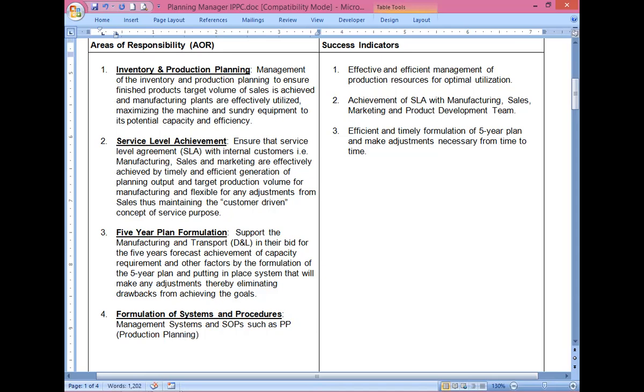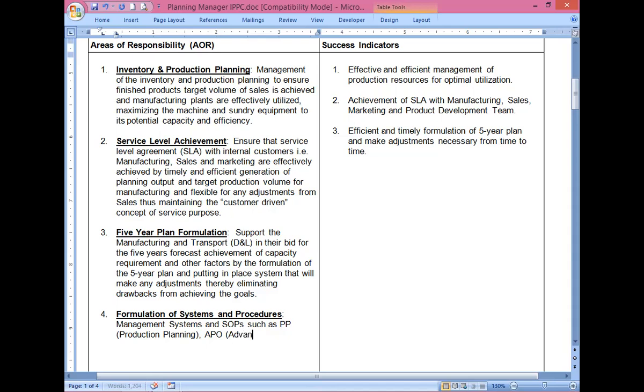Just put it inside the parentheses. Then APO. Are you familiar with APO? That is what you call advanced planning optimization.